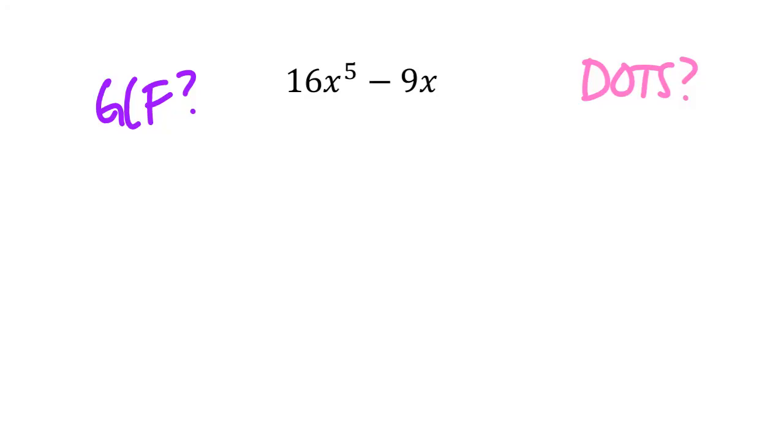I got 2 people. 3. Okay, 4. Oh, I see. Okay, 5. 6. 7.